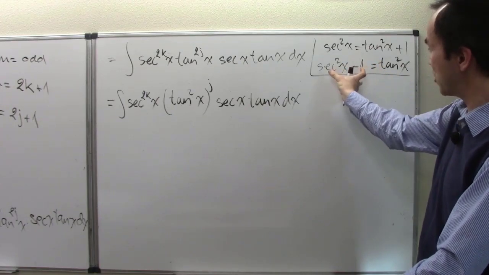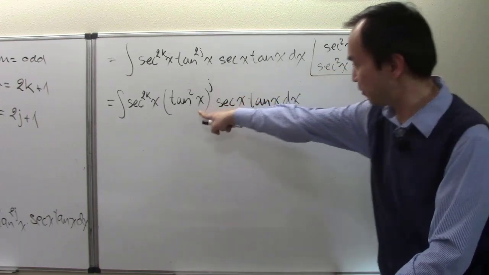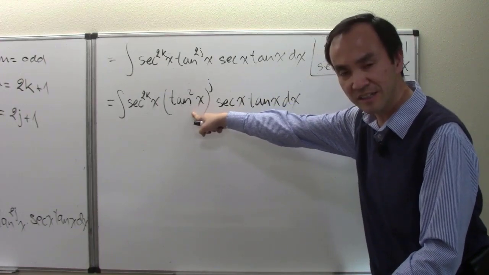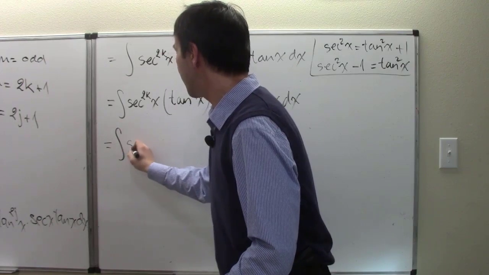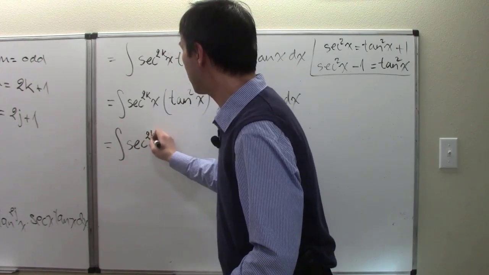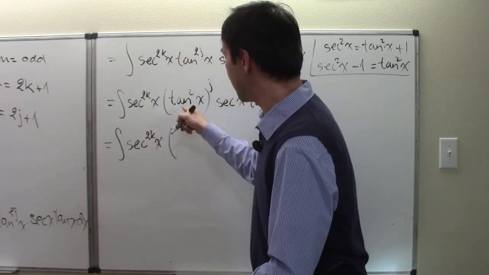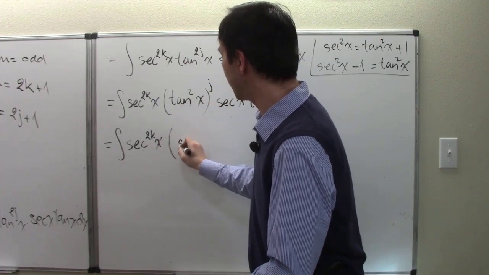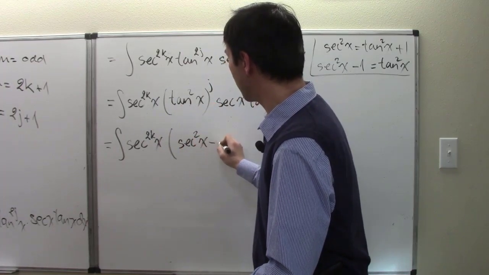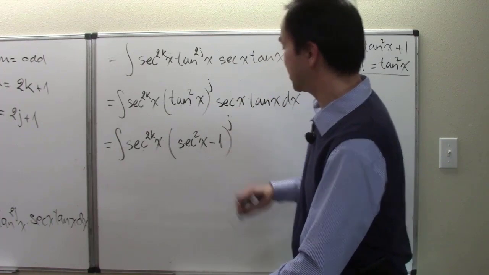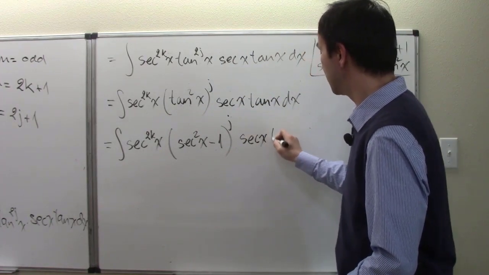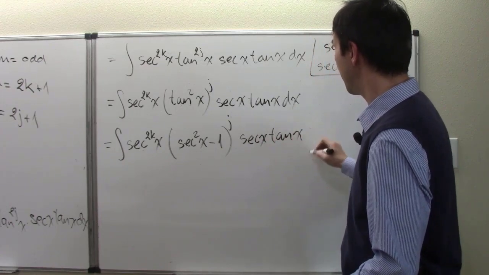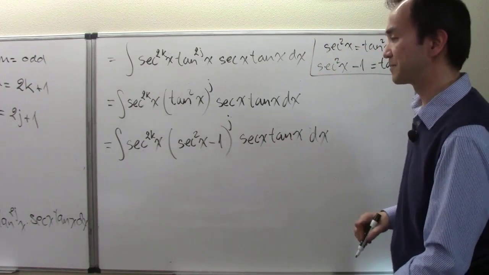So the integral becomes secant to the 2k power stays the same, the tangent square becomes secant square of x minus 1, to the j power, multiplied with secant of x times tangent of x dx.